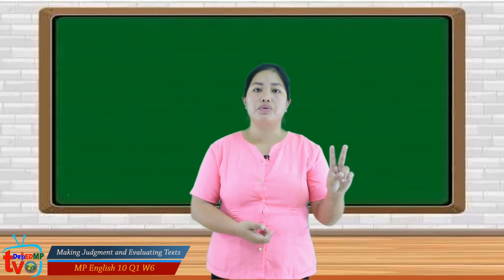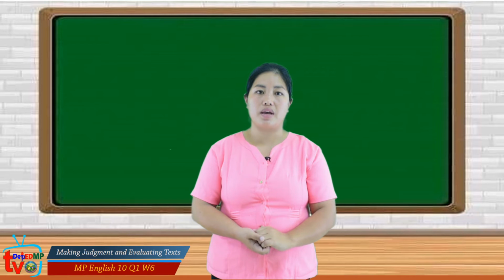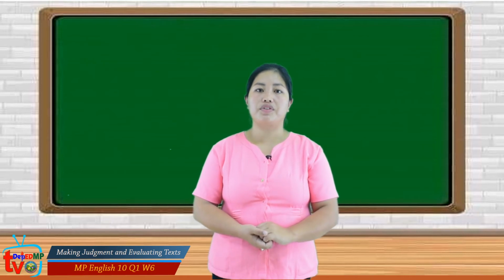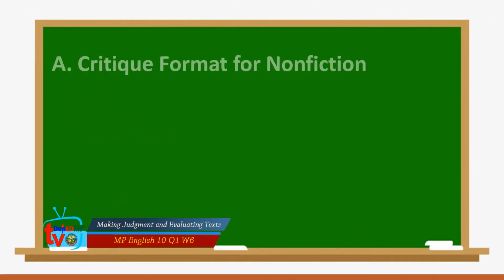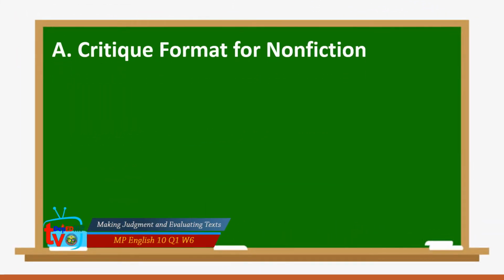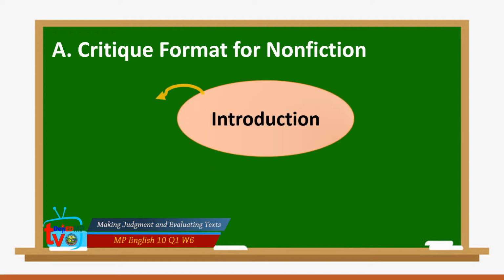There are two structures for critiquing. In this video, you will be taught the critique format for nonfiction and fiction. Here they are. The critique format for nonfiction. In your introduction, you should introduce the work by stating the author or the name of the writer of the text that you are critiquing.